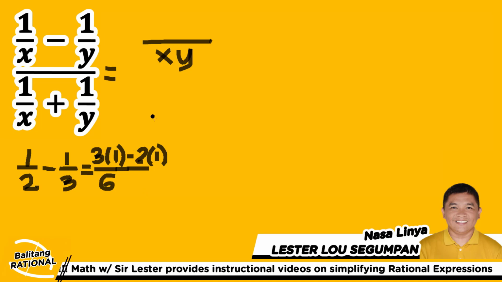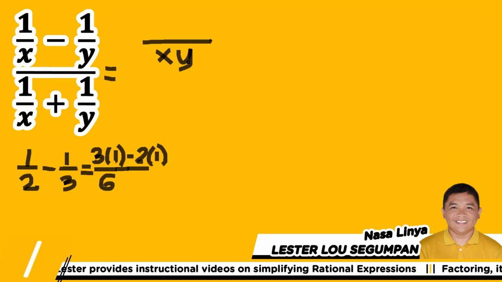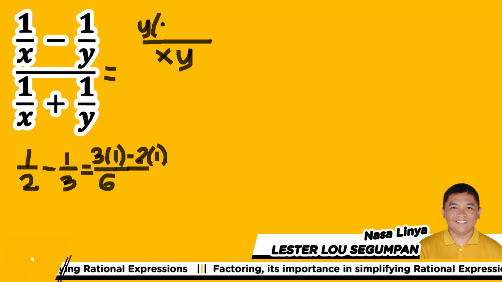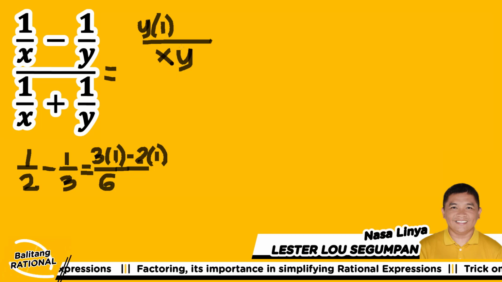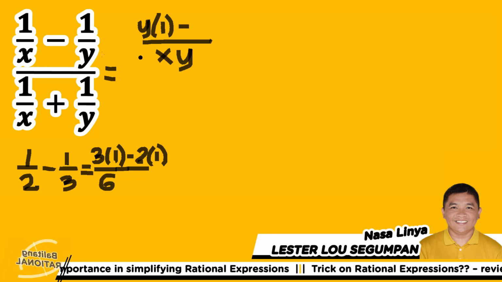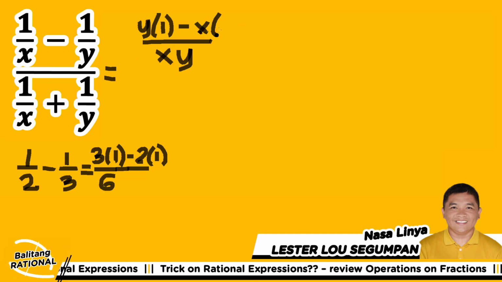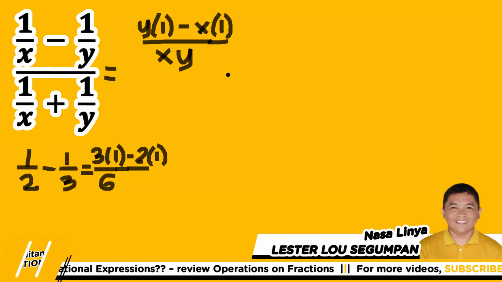So, yun din po ang mangyayari sa ating numerator dito po. So, xy divided by x is y. That should be the one to be multiplied by your 1 there. And then, minus, do the same thing on the other side. xy divided by y is x. That's the multiplier of your 1. So this is what happened to our numerator.